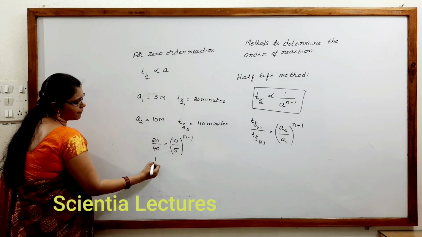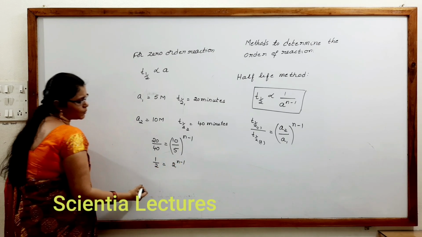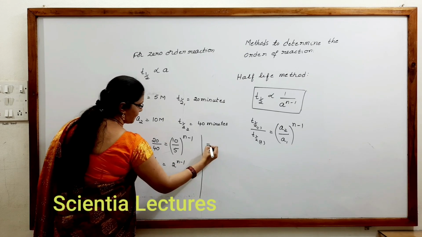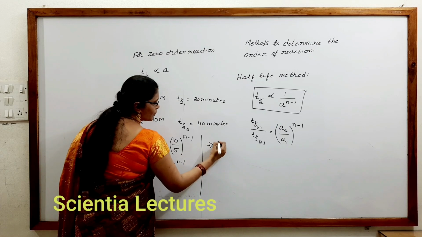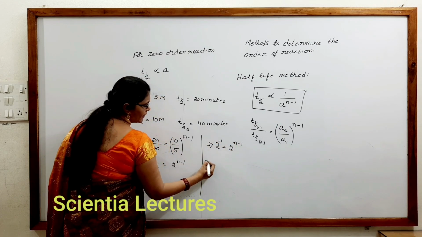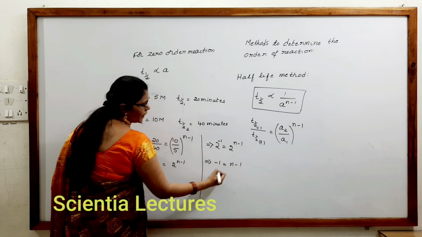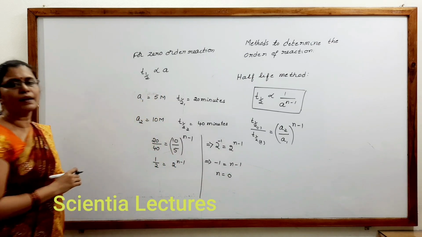Now this is 1 by 2, and this is 2 power n minus 1. So this can be written as 2 power minus 1 is equal to 2 power n minus 1, which implies minus 1 is equal to n minus 1. So n is equal to 0. Therefore, it is a zero order reaction.